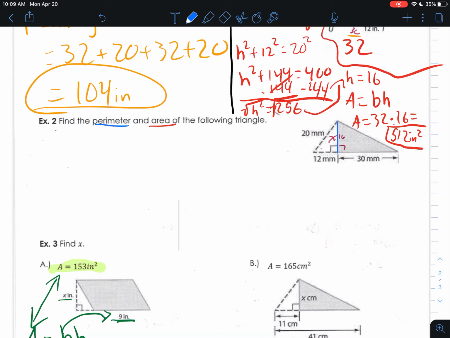In order to find that, we know that this is a right triangle, and we have to use the Pythagorean theorem to find the missing side.